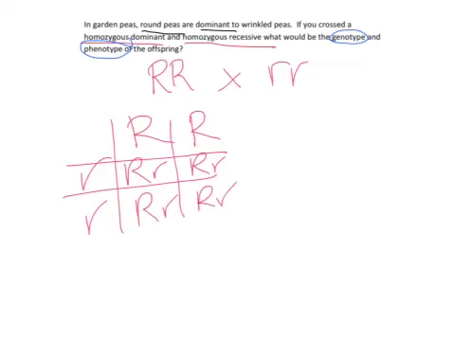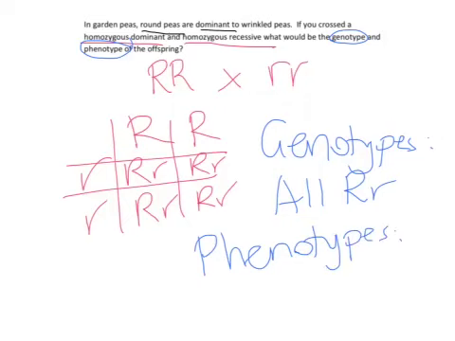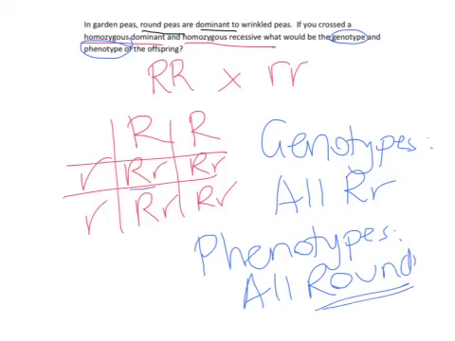So the question is asking us for the genotypes. So the genotypes, excuse my writing, is all big R, little r, and the phenotype is all round. Okay, so the reason that they're all round is every single one of our offspring contains that dominant allele for the round seeds.